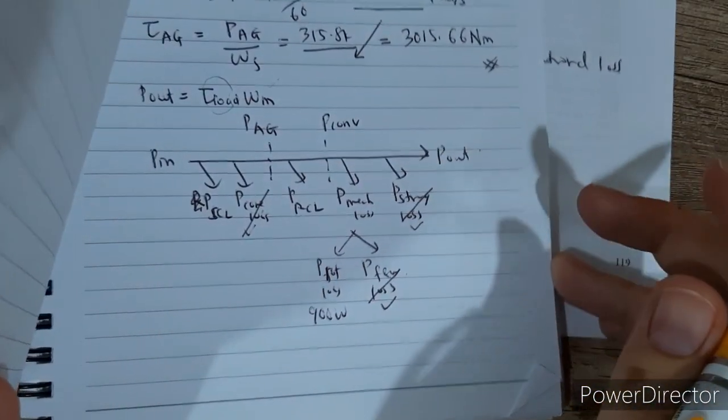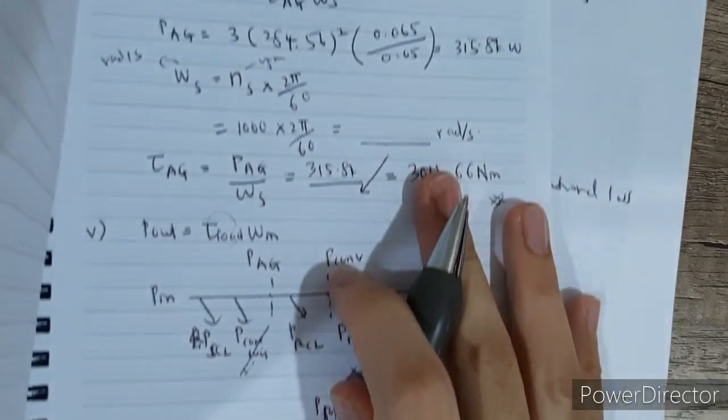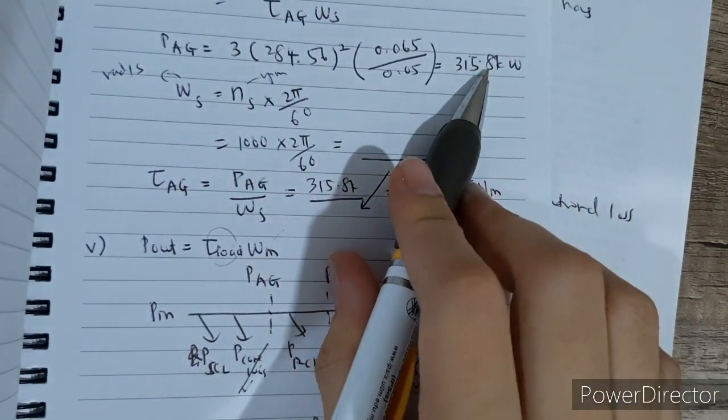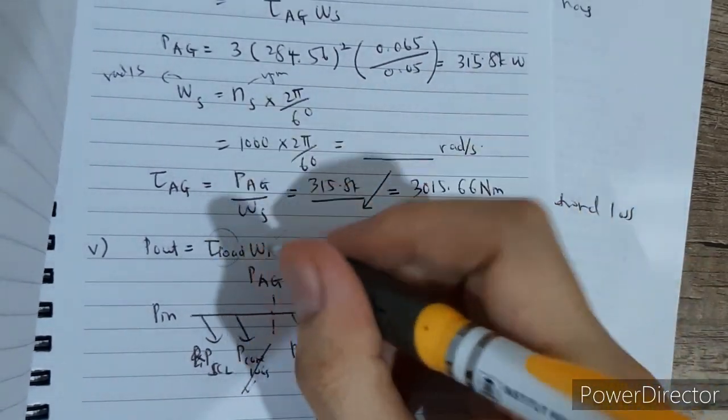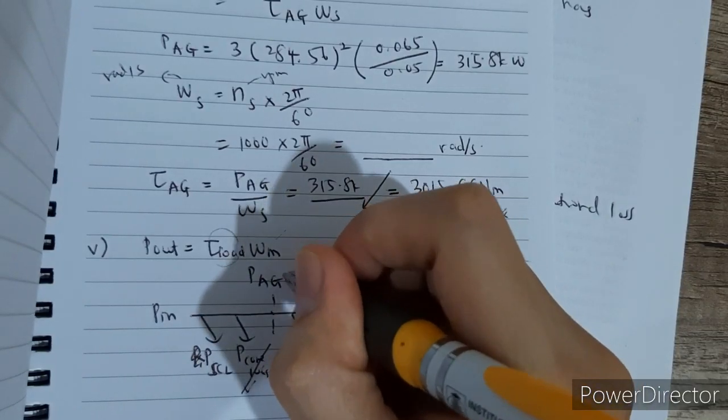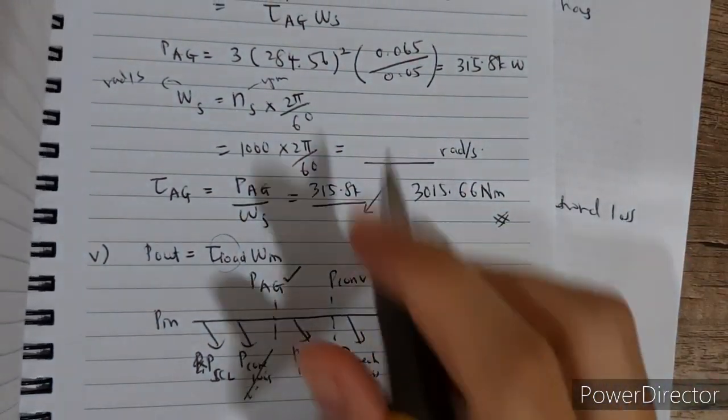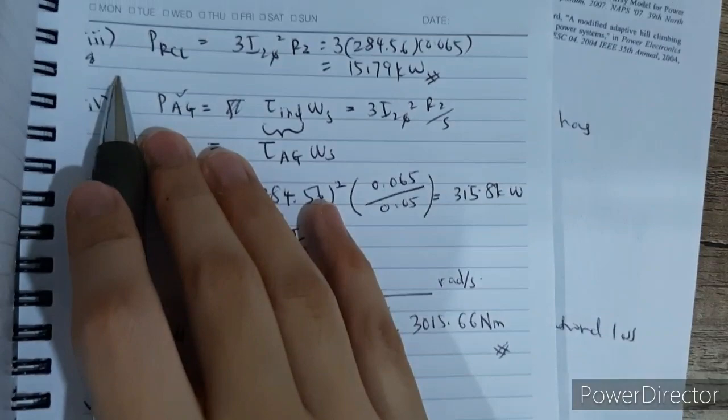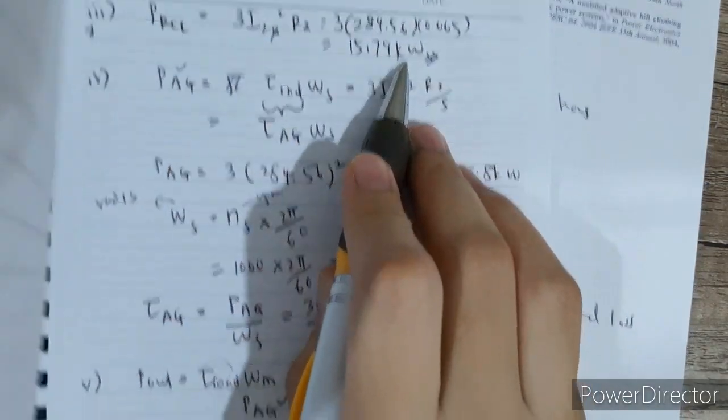Okay. P air gap from the question is 315.8 K. Yes, we do have P air gap. PRCL from question 3, yes, we do have PRCL 15.79.